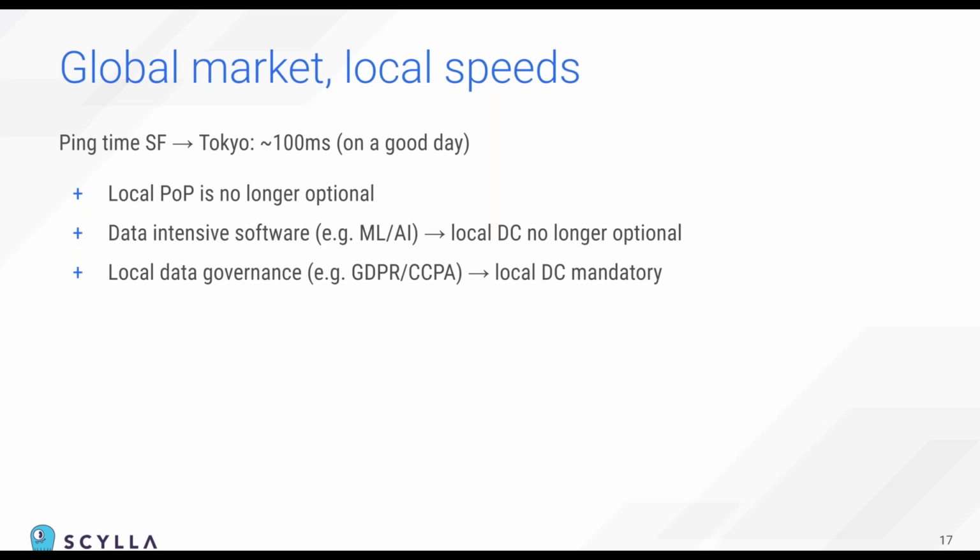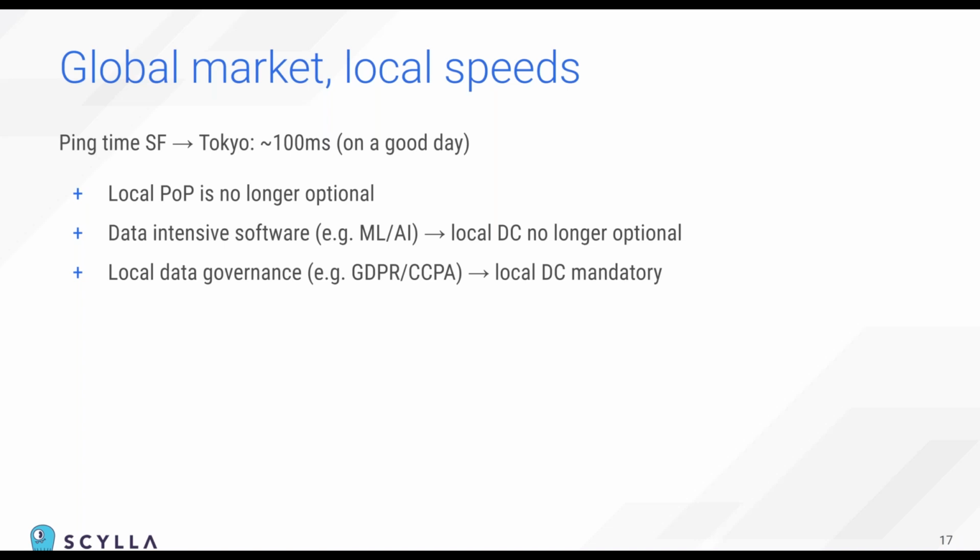And this can be a problem when you have infrastructure that spans the globe. If you want to provide good service to your users, and by good service I mean low latency service, you need to have local presence. So all of us have points of presence, which are basically the endpoints that the CDNs have, and it's no longer optional.